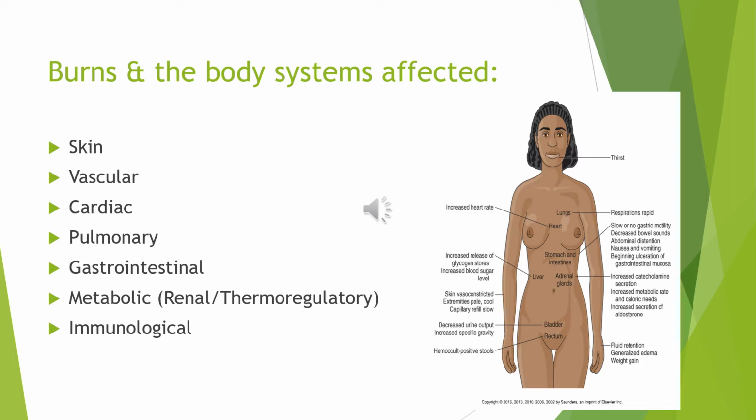So most patients are going to be put on antibiotics, but our protective barrier has been disrupted. And so because they get put on antibiotics to prevent infection, that's also going to affect our overall immune system. So again, as you look at this slide, I just want you to think about how burns can affect every system and multi-systems in general.